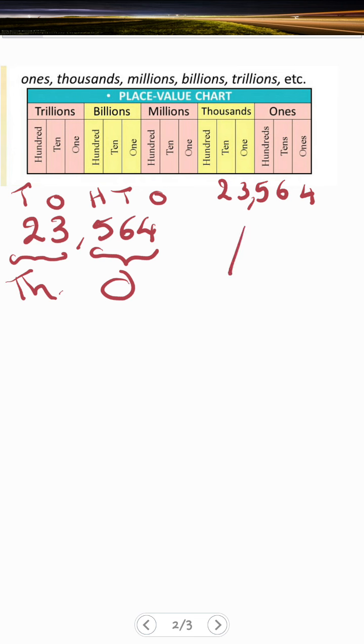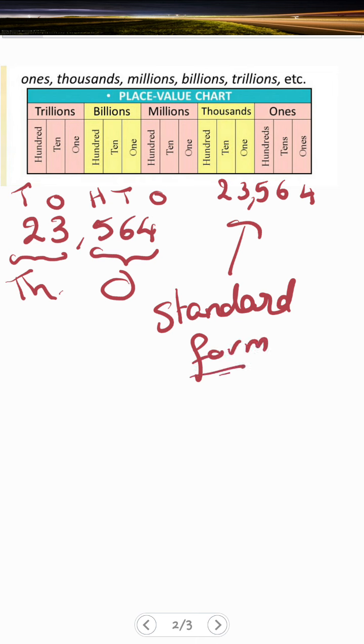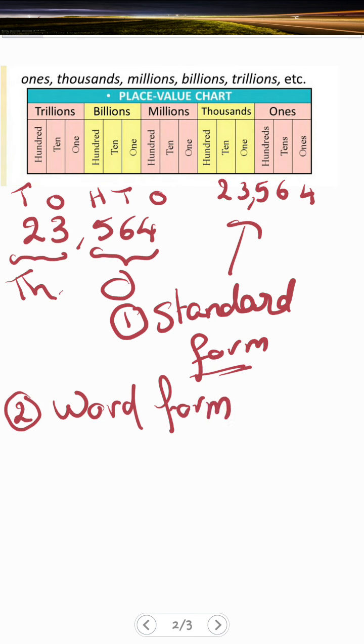This is called the standard notation or standard form for the number. So the standard form for any number is how we write it in digits like this. This is the first form. There are another 2 forms. The second form is called word form. And the word form is how we read it or how we write it.